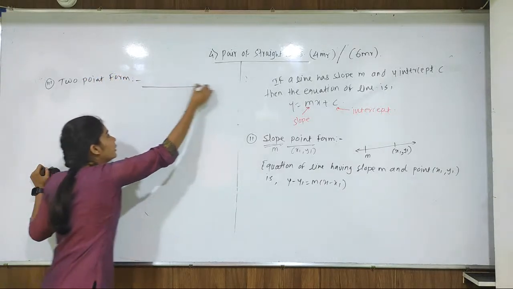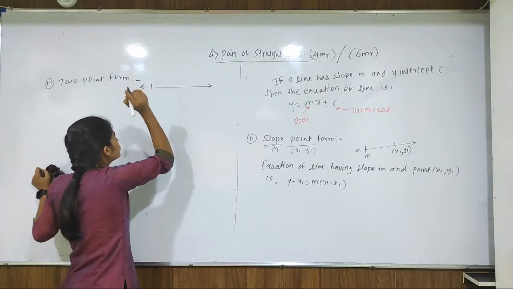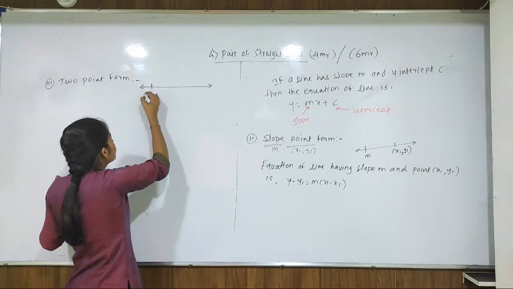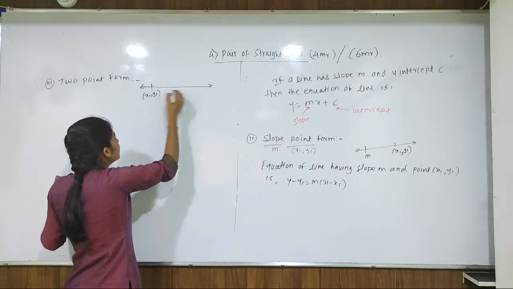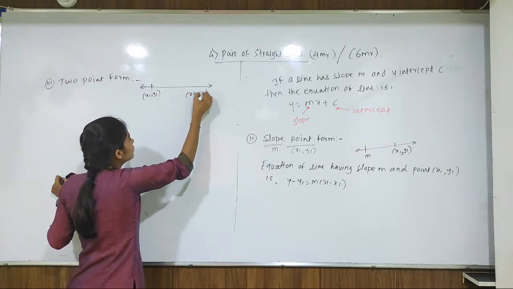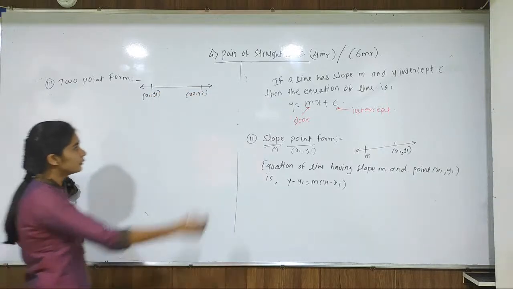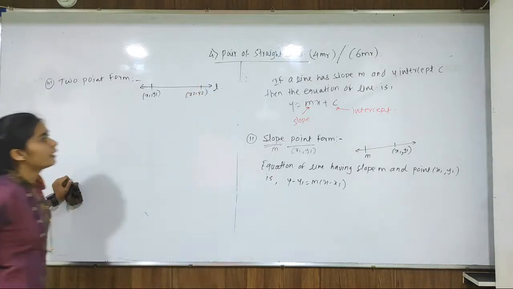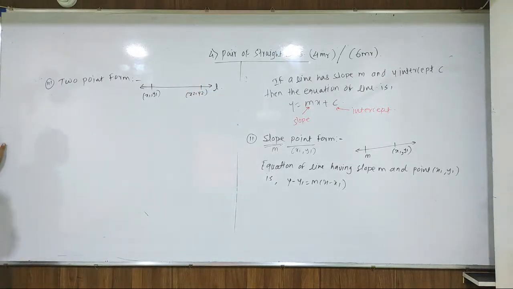So this is your straight line, and on this straight line there are 2 points, x1, y1 and x2, y2. Now take the equation of the line in 2-point form. What will be the equation?